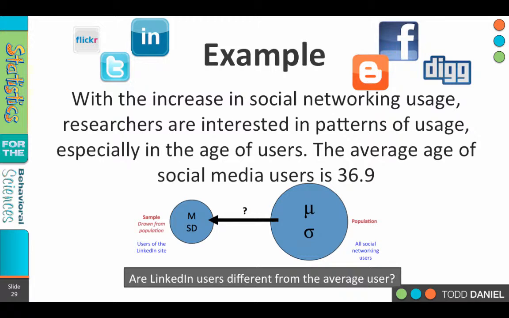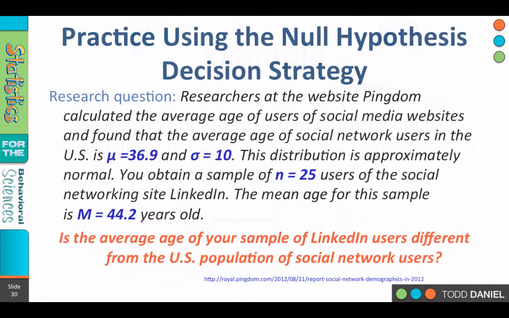And what we want to know is whether LinkedIn users are different than the average user of all social media. Are they older, younger, different in some way? That is what we're going to find out. So we put together our research question in this way.